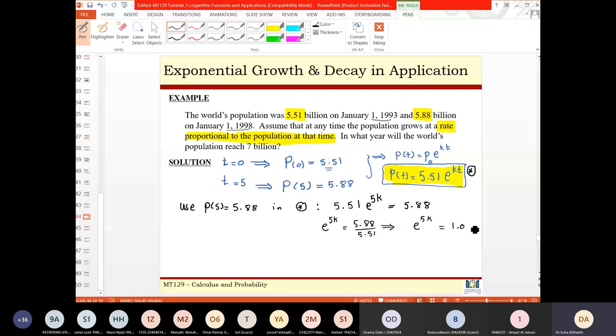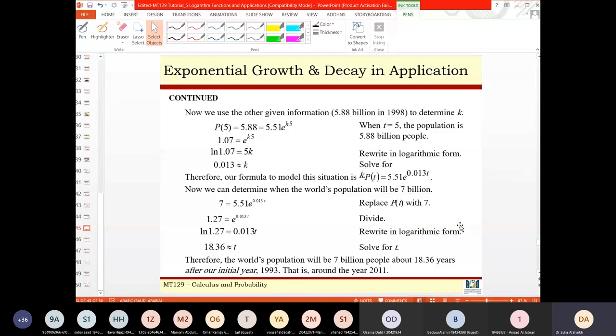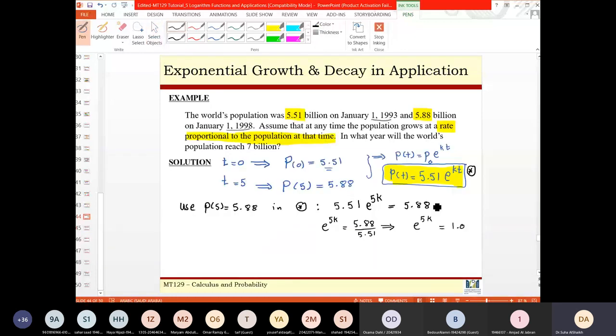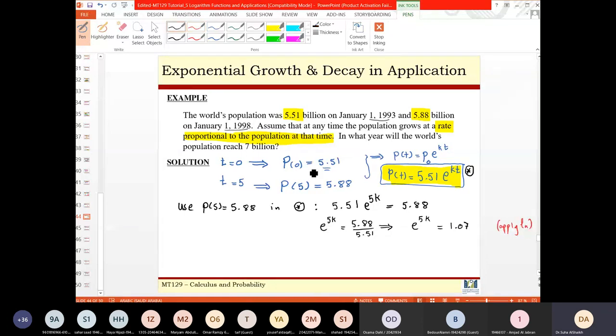It is 1.06 اكيد 67. If it is 67, we round it, so we make it like 1.07. نقربها ل 2 decimal places and then we apply ln.